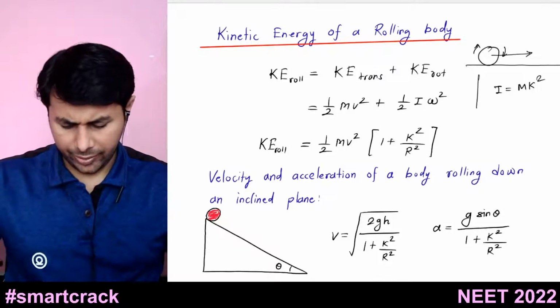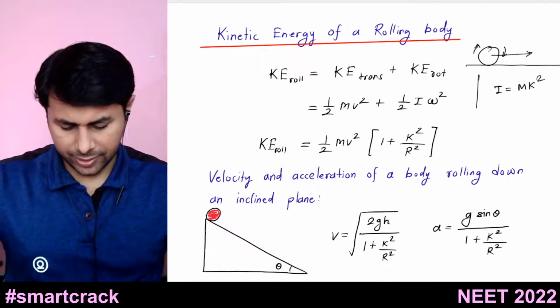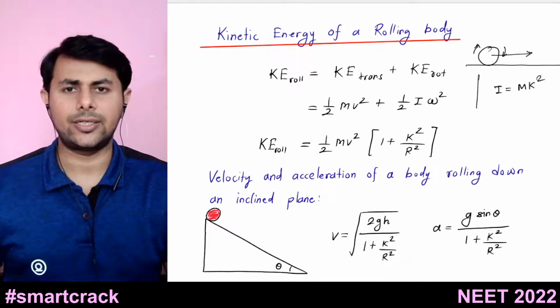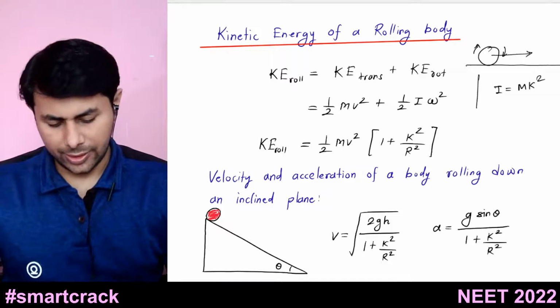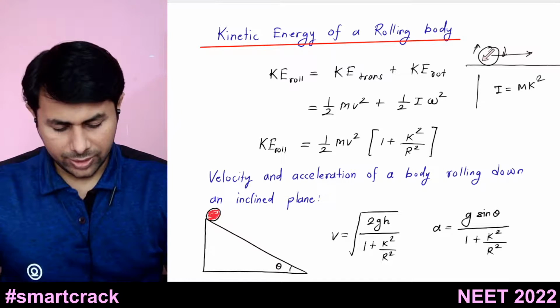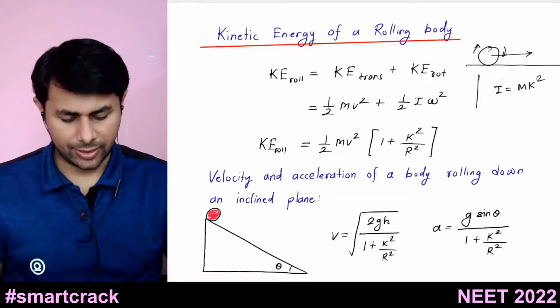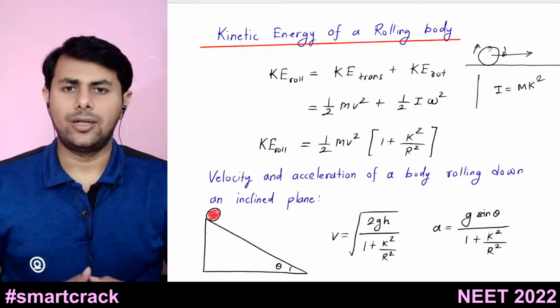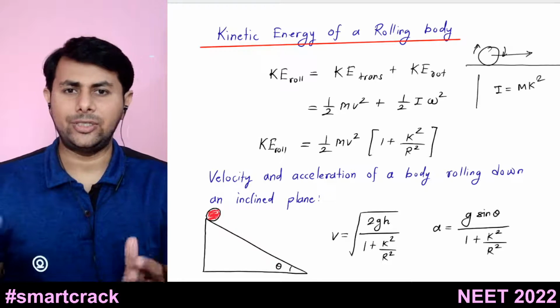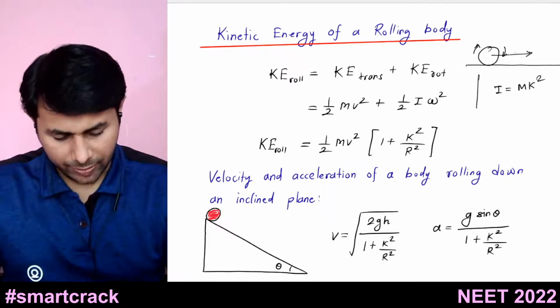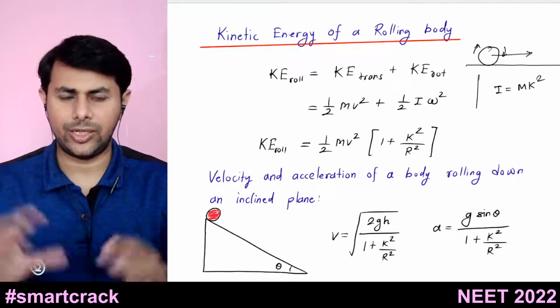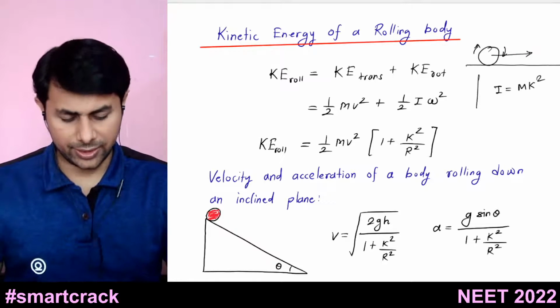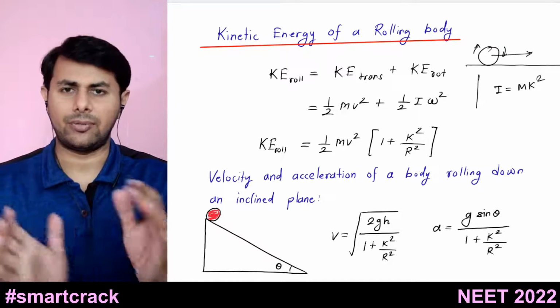And then there is one more thing, the kinetic energy of rolling motion. So if we have this body which is rolling on this plane, then it performs two kinds of motion. It is performing linear motion, moving in this direction with some velocity, and it is also rotating about itself.